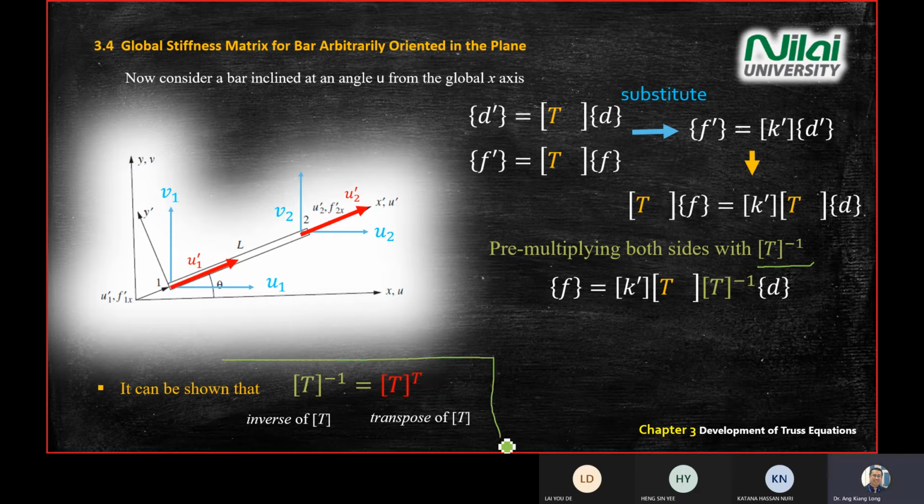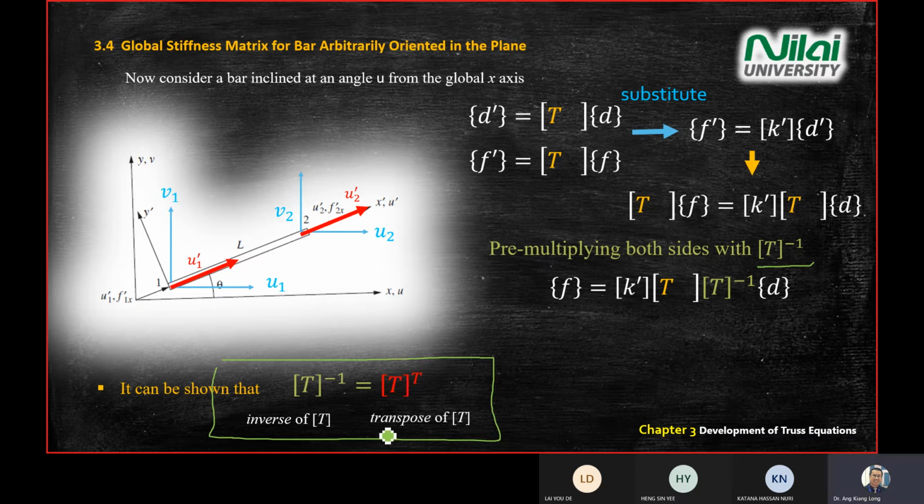Another add-on piece of information here. I'm not sure whether we have time, but our inverse matrix T minus 1 is equal to our transpose matrix, T transpose.